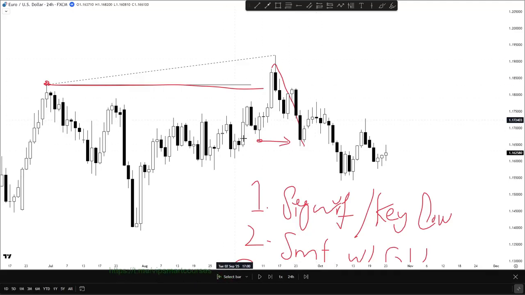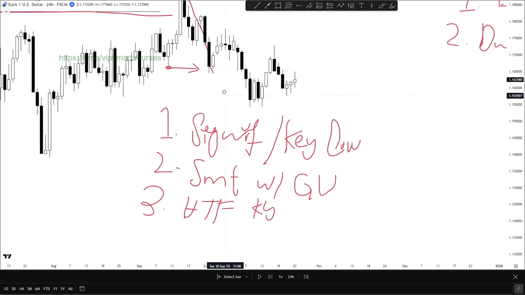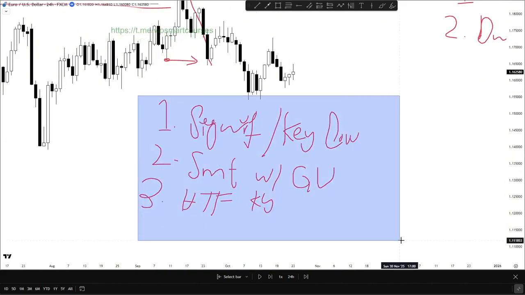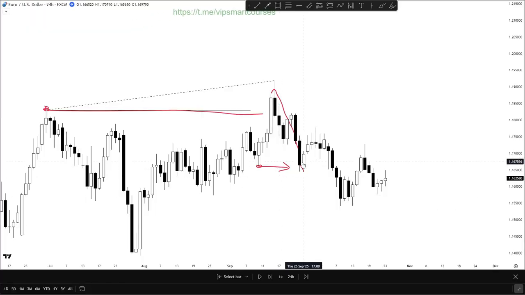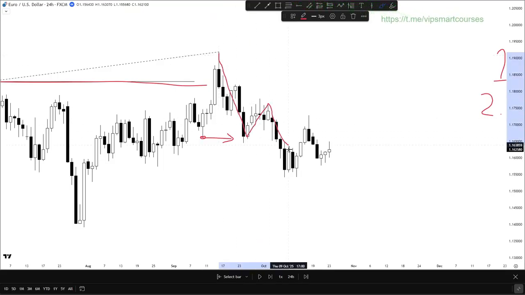Because of all of those factors, when we had this structural shift, it was considered a valid one. From this point on, we shifted into a bearish trend, and we started moving in an underlying bearish directional trend.